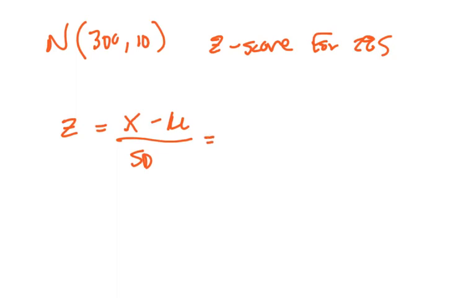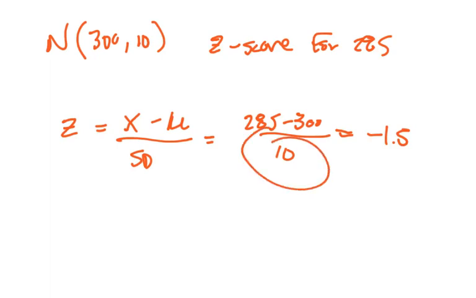And so it would be 285 minus 300 divided by 10. You don't need to know anything about standard deviation to plug it in here. It looks like we would get negative 1.5. And that's the z-score, not the standard deviation. Standard deviation was just what you plugged in here.